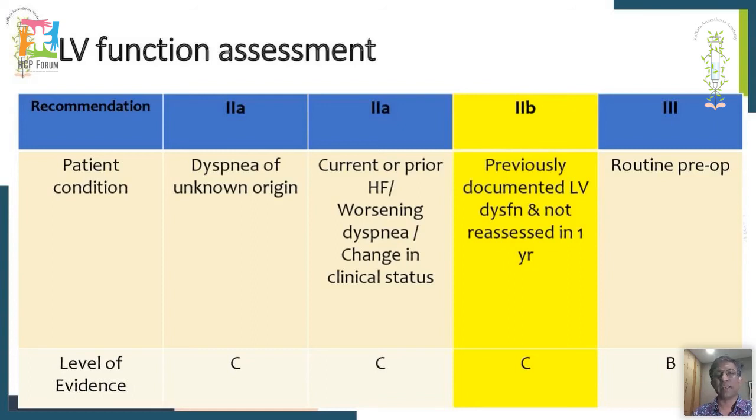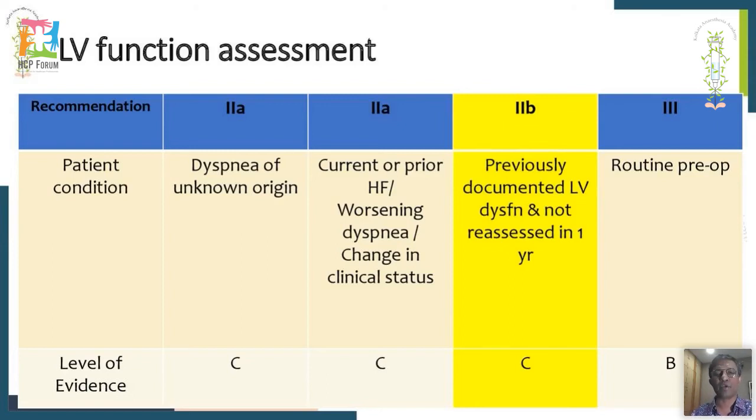And if there was a documented LV dysfunction, which you would possibly not have re-evaluated without the surgery, and some people say if it has not been recorded in the last 6 months, and ACC-AHA says 1 year, then there is a role for echocardiography for LV evaluation. As per the ACC-AHA 2014, it should not be done routinely preoperatively.